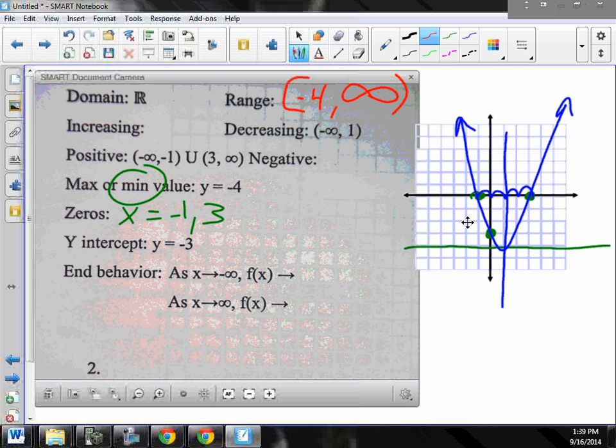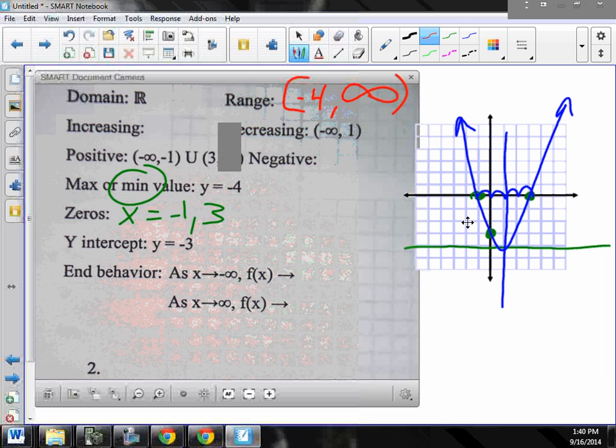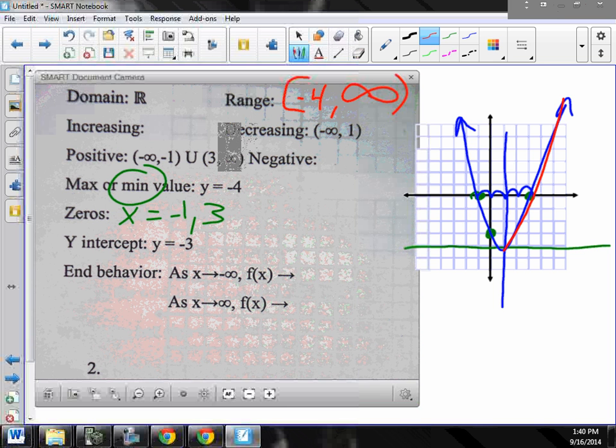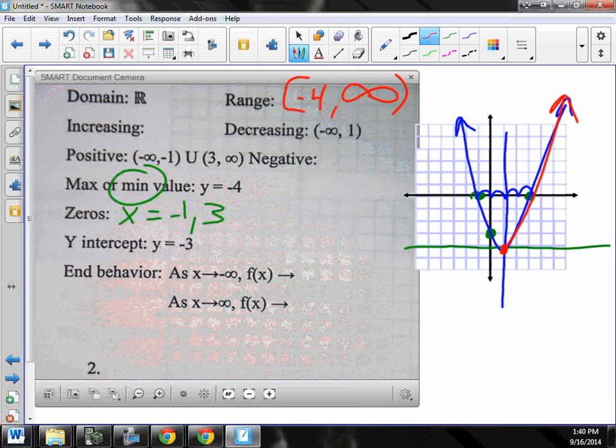Okay. Do I know where it's increasing? Where is it going up? From here to here. What is it? Nope, this is an x value, not a y value. 1 to infinity.